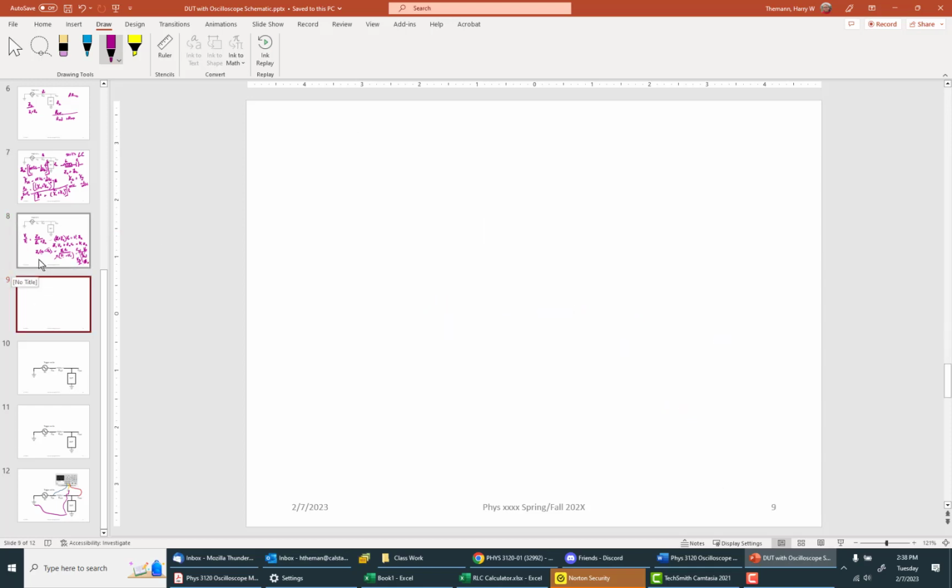So we're going to take a series of measurements. I forget exactly what the table is that I put there. For each of these, we're going to measure a V out and a V in. And we need a series of frequencies.